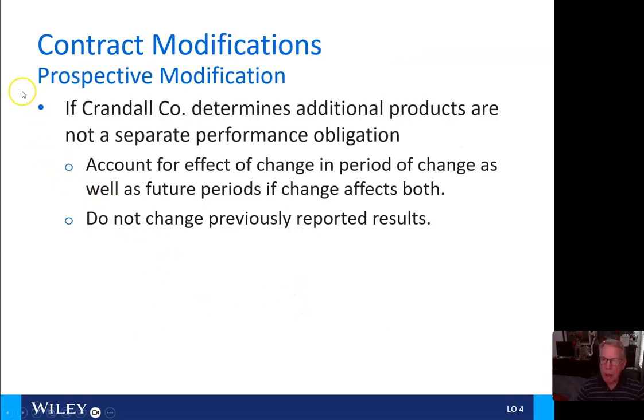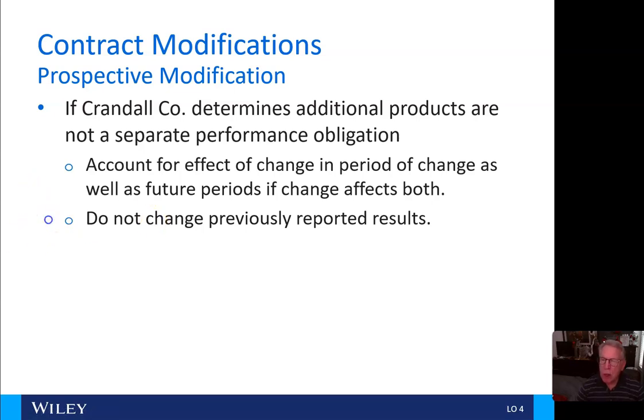All right, what about a prospective modification? If Crandall determines the additional products are not a separate performance obligation, 1, they account for the effect of the change in the period of the change, as well as future periods if the change affects both.